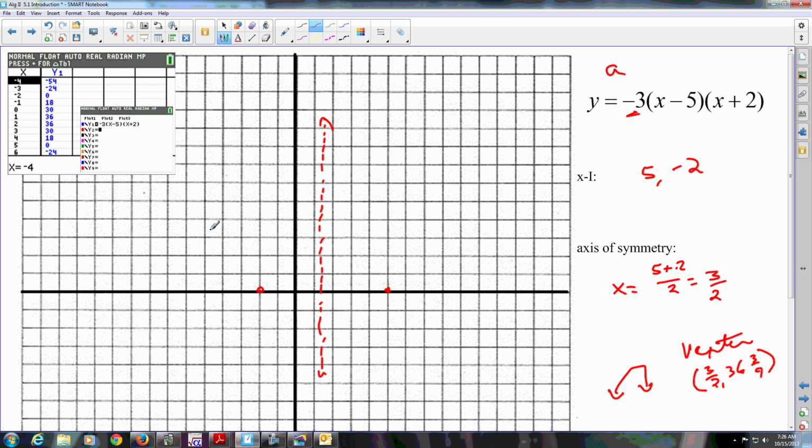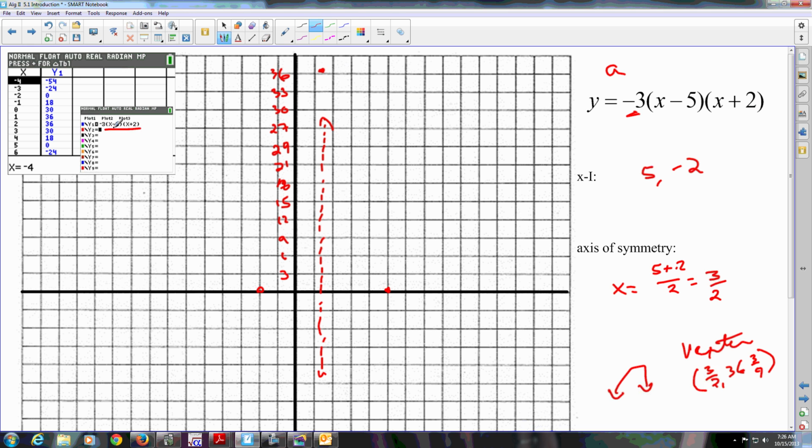So if I count by 3s, 3, 6, 9, 12, so on, 15, 18, 21, 24, 27, 30, 33, 36. Okay, so on this line, 36 3/4 is going to be your vertex.